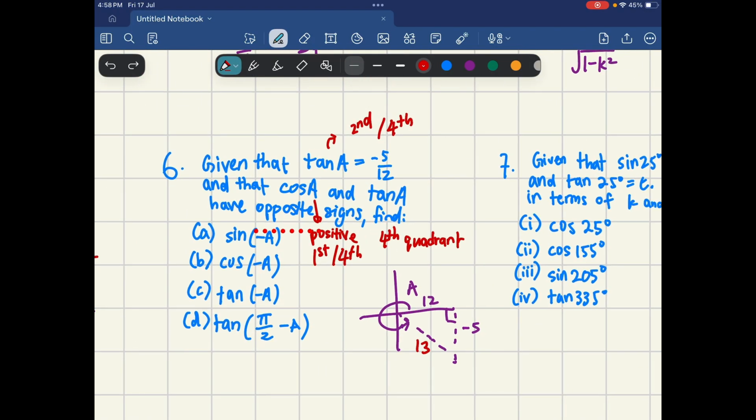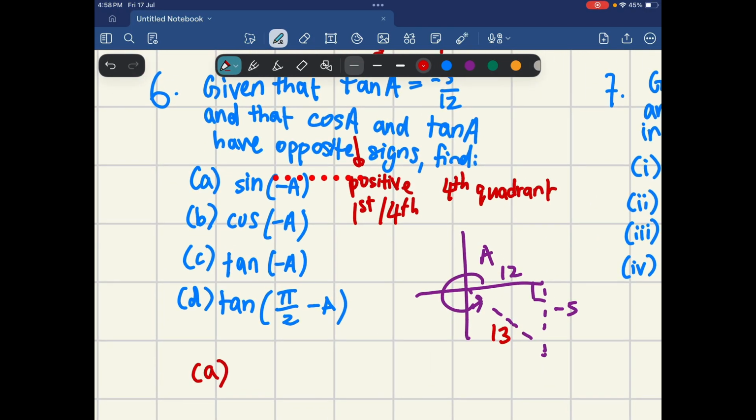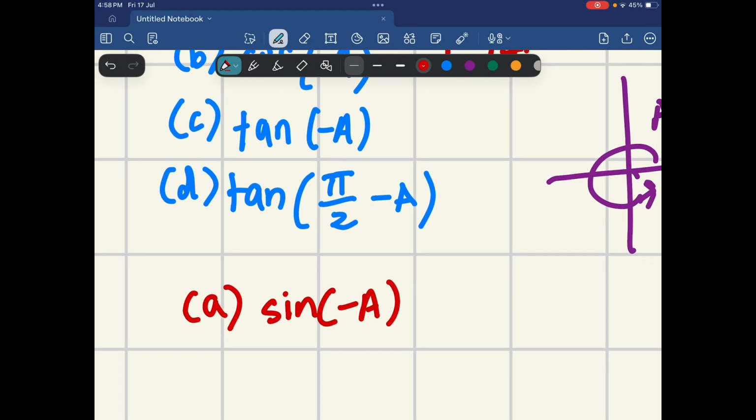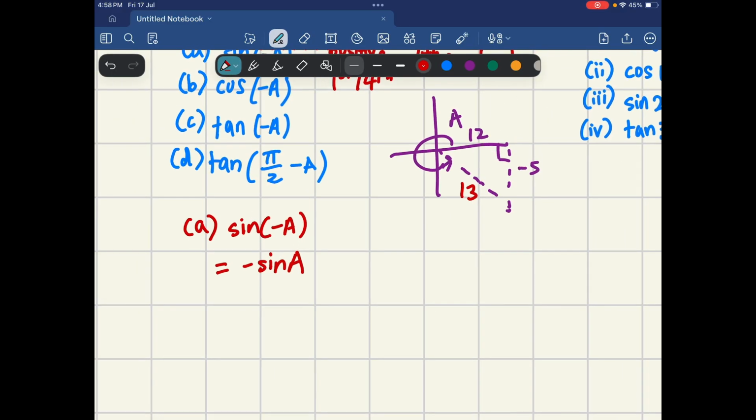Okay, so now we have to find sine of minus A. That will be minus sine A. Sine A is opposite over hypotenuse, so that will be minus 5 over 13. And since it's negative and negative, it will become positive.